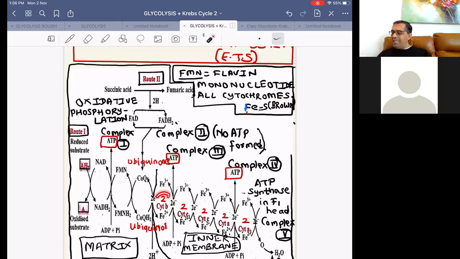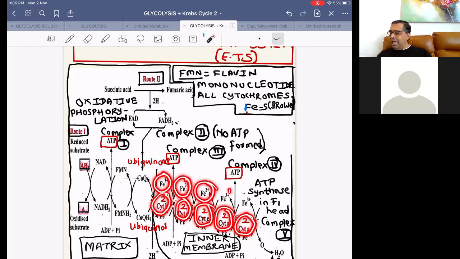Cytochrome B, cytochrome C1, cytochrome C, cytochrome A, cytochrome A3 are all present in a Fe triple plus state.